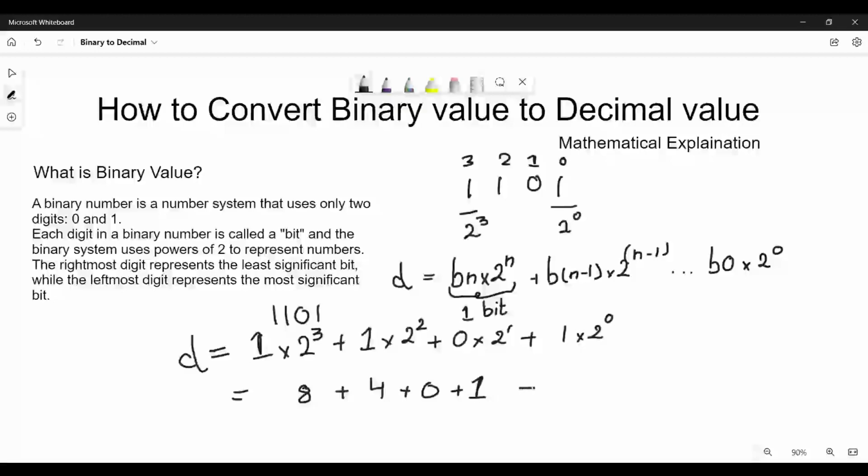So upon adding these values, we get 13. Which is the decimal representation, and 13's binary representation would be 1, 1, 0, and 1.